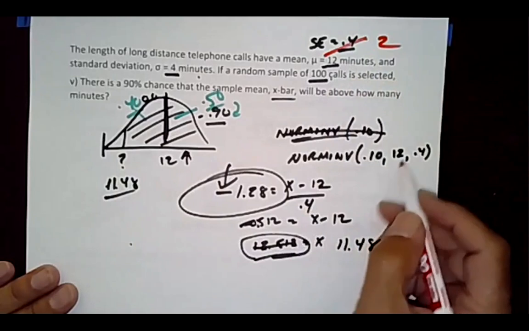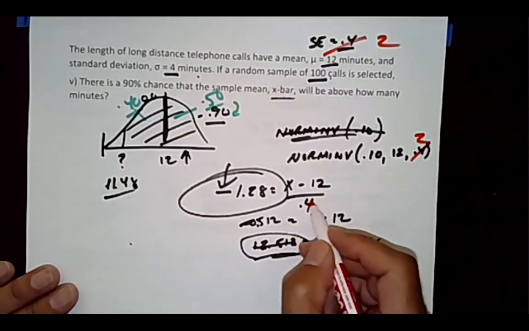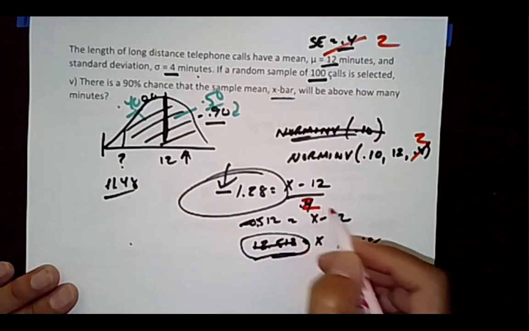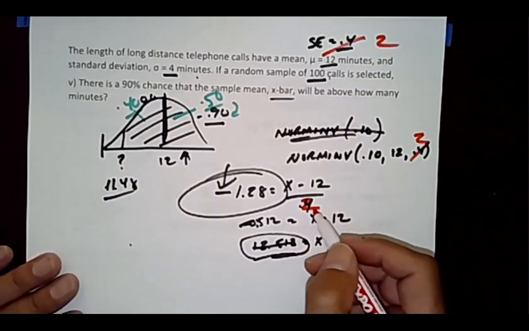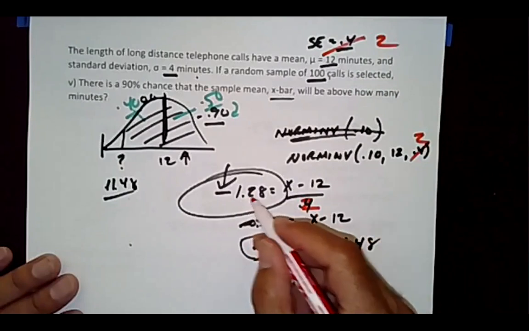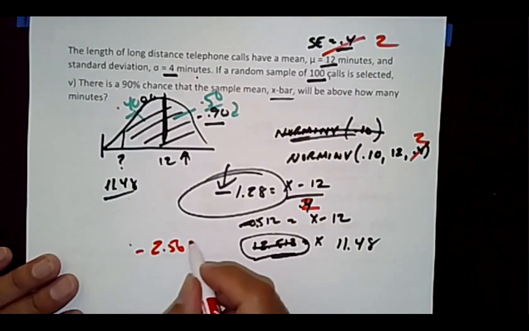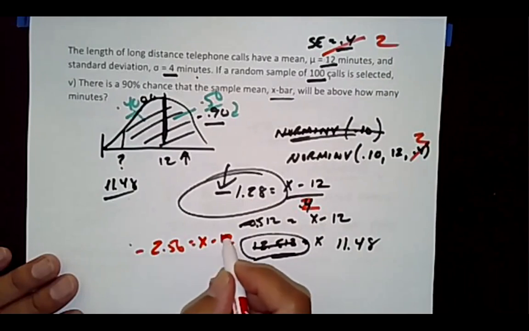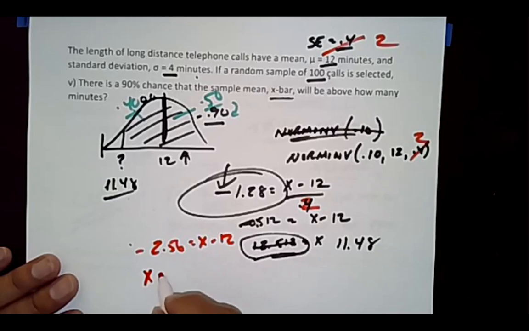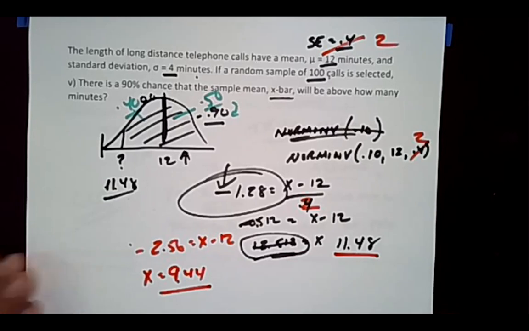The norm INV command is easy. This becomes 2. So down here, it becomes 2 rather than 0.4. So now it's 1.28 times 2, which is 2.56. It's negative equals x minus 12. So you subtract this. X is going to be 9.44. So 9.44 versus 11.48. Again, let's see what that looks like.